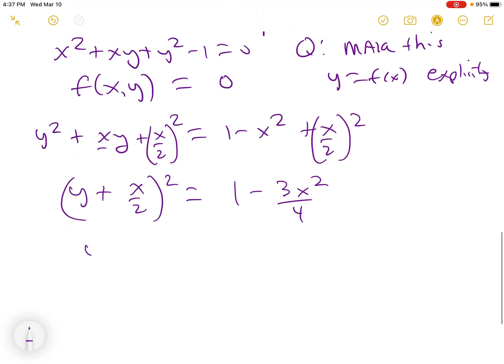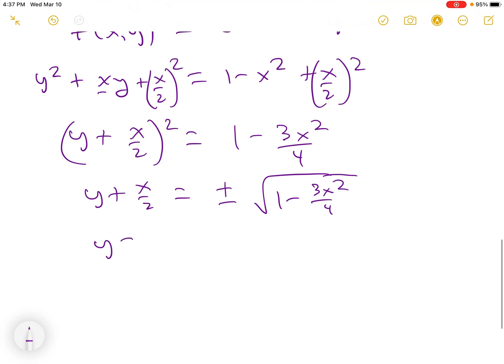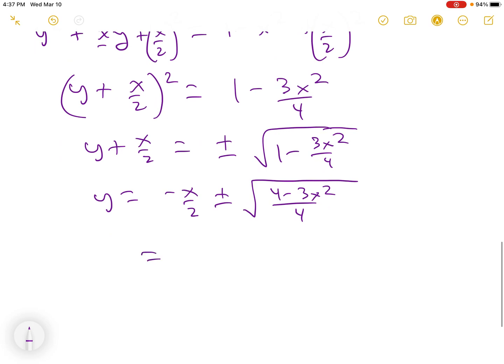You take the square roots of both sides, which is plus or minus the square root of 1 minus 3x squared over 4. You solve this for y. Found a common denominator inside of there. And now you write it like this.